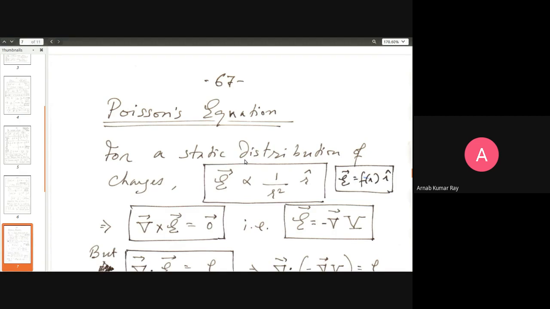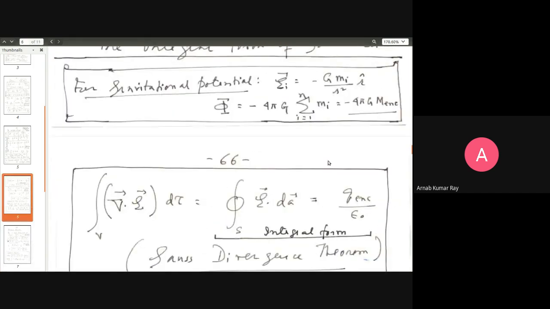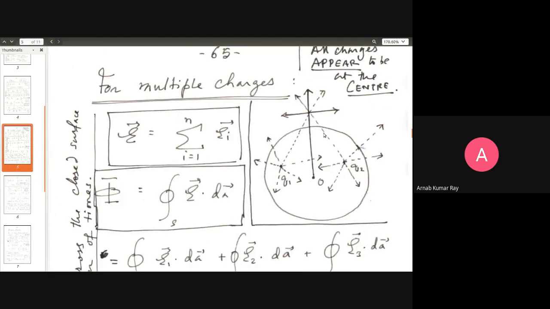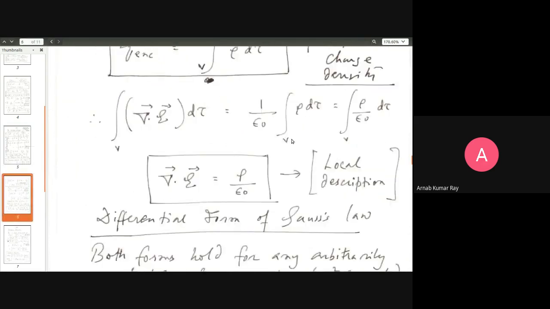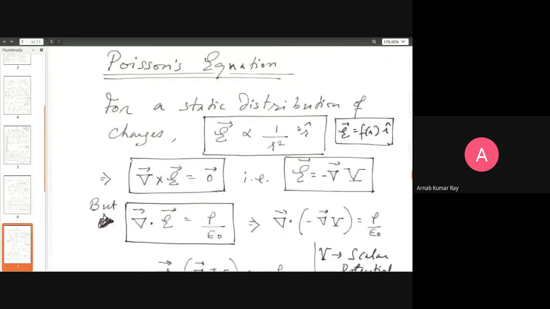Similarly, if you have a static distribution of charges and you have enclosed all the charges within a spherical Gaussian surface, then you will have E being a function of the radial vector r, 1 by r squared, f(r), r cap. For such a distribution of charges, curl of the electric field will be equal to 0, because we have discussed this thing.